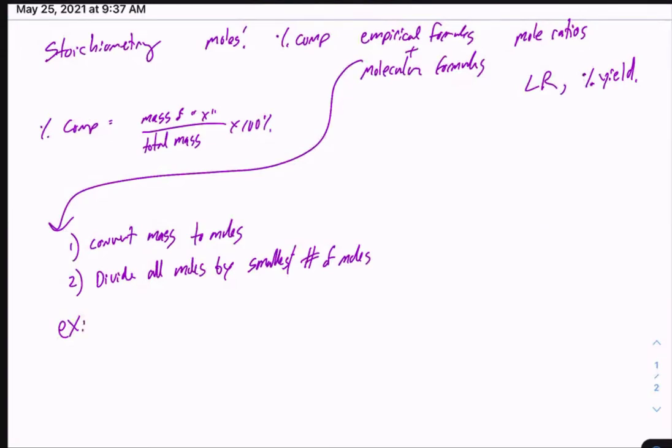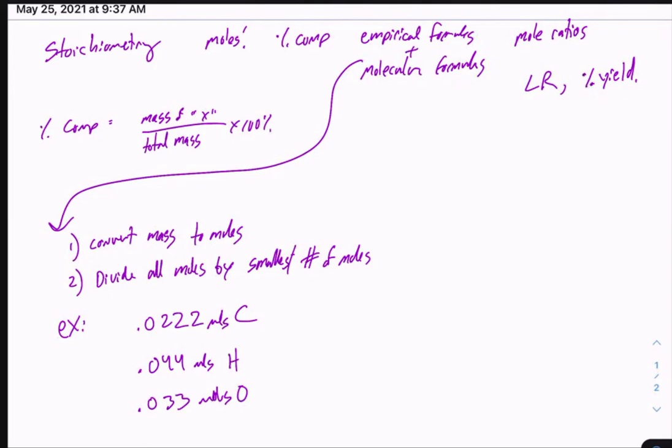So for example, let's say that we had something like 0.0222 moles of carbon, 0.044 moles of hydrogen, and 0.033 moles of oxygen. Okay, so you've taken the mass, you converted to moles. Here we have moles.